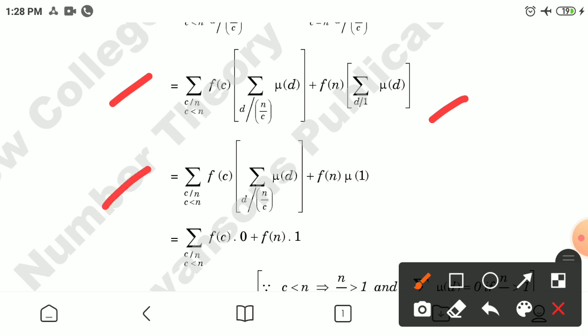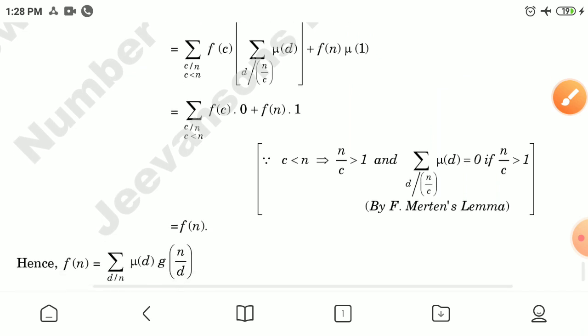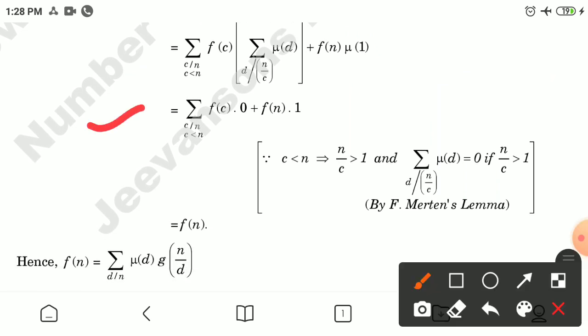Next is summation of f(c), c divides n, c less than n, times summation of mu(d), d divides n/c. And the next term is f(n). Here d is dividing 1, therefore d will be equal to 1, giving mu(1). This is equal to summation of f(c) times 0, c dividing n with c less than n, plus f(n) times 1.